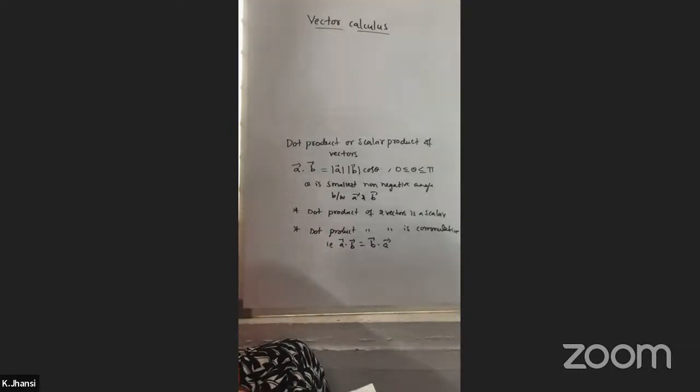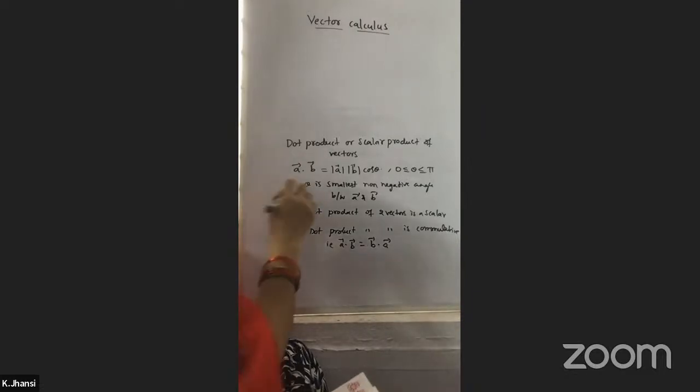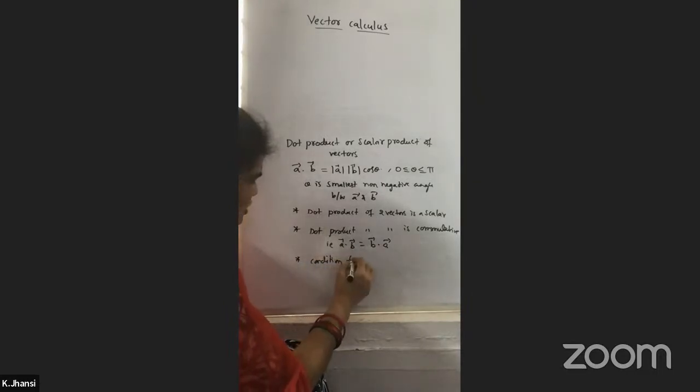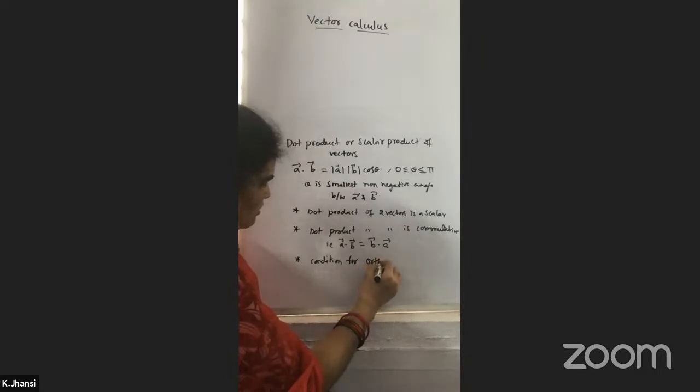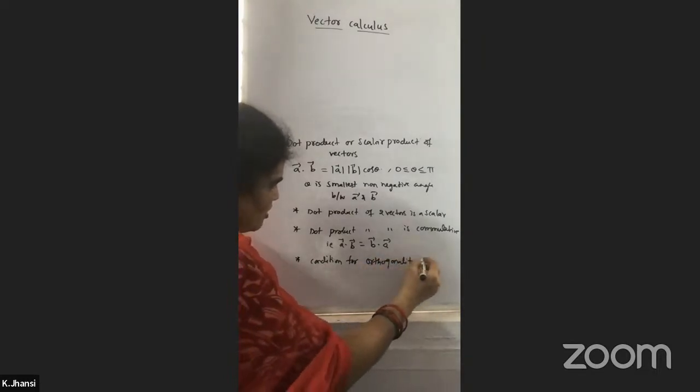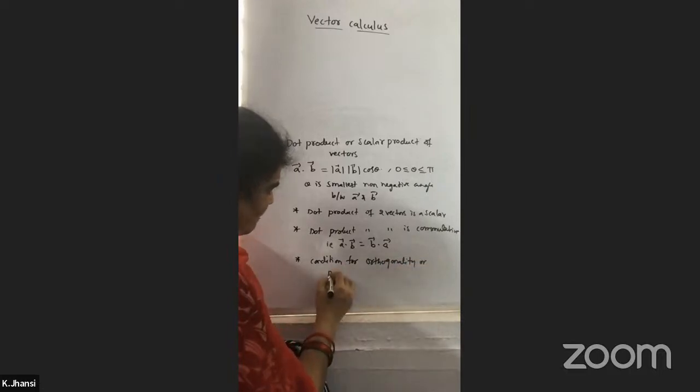And for the dot product, you have the condition for orthogonality, or we call it the condition for perpendicularity.